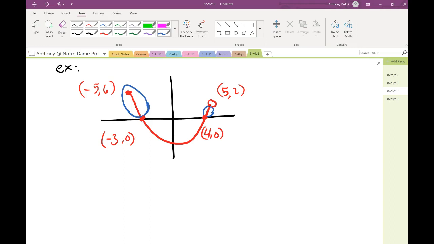Okay. How many parts do you see that are negative? 1. I see just this part in the middle. And how many parts do we see that are 0? 2. See this part and that part. Everybody agree with those sightings?